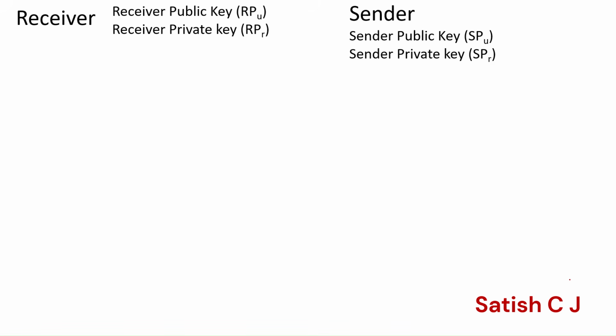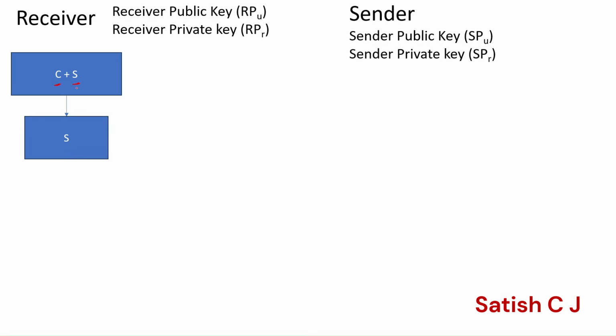Again, the receiver's and sender's keys are established. The first thing the receiver does is take the key, which was encrypted using the receiver's public key. It can be decrypted using the receiver's private key. So it is asymmetric key encryption.